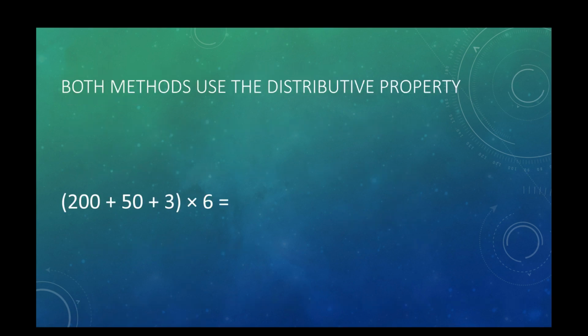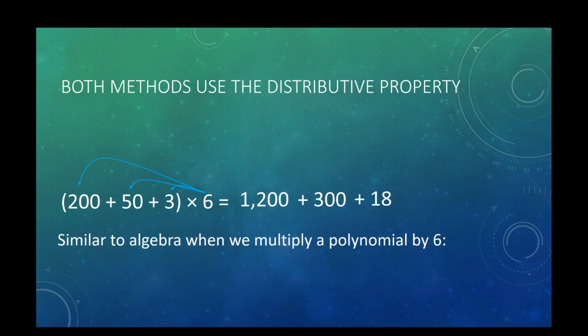Both methods use the distributive property, so we're taking the 6 and distributing it, 6 times 200, 6 times 50, and 6 times 3 to each of those numbers. It's very similar to algebra when we multiply a polynomial by 6.